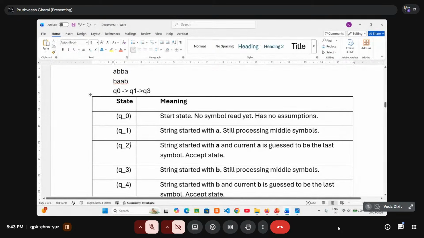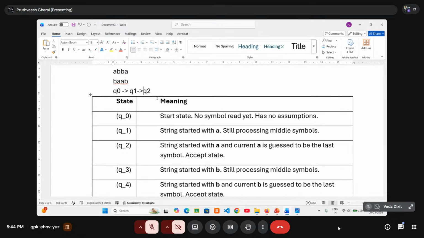Sorry, Q3. Why? Because this states that we started with A, even though we have encountered a B, it will be the last symbol and it will be accepted.